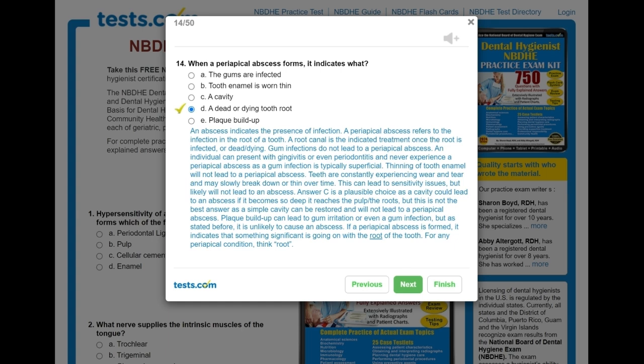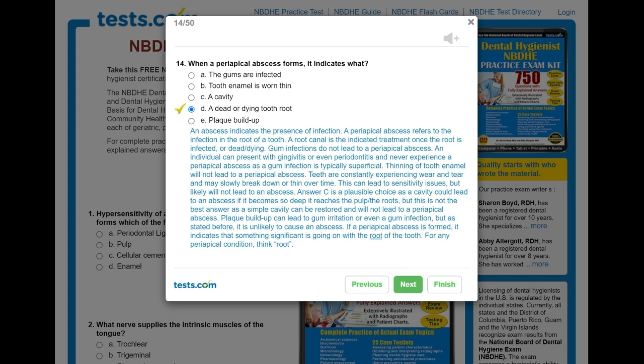Teeth are constantly experiencing wear and tear and may slowly break down or thin over time. This can lead to sensitivity issues, but likely will not lead to an abscess. Answer C is a plausible choice, as a cavity could lead to an abscess if it becomes so deep it reaches the pulp or the roots.